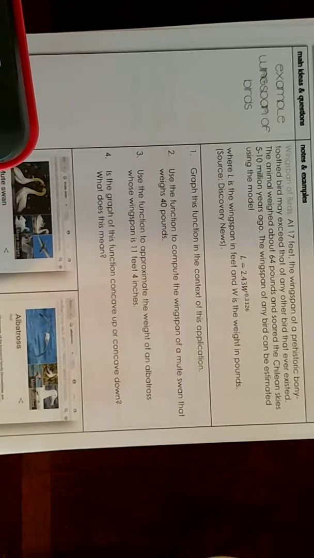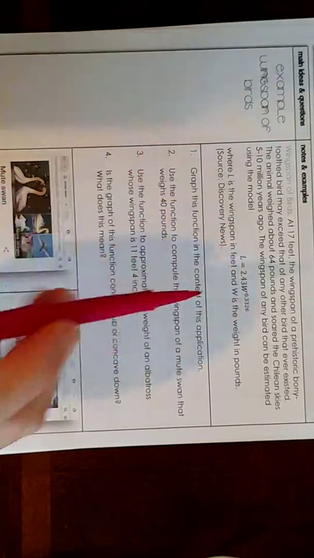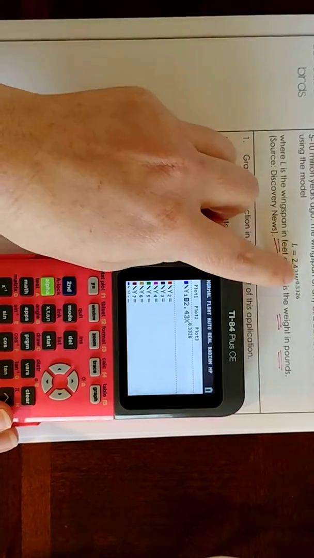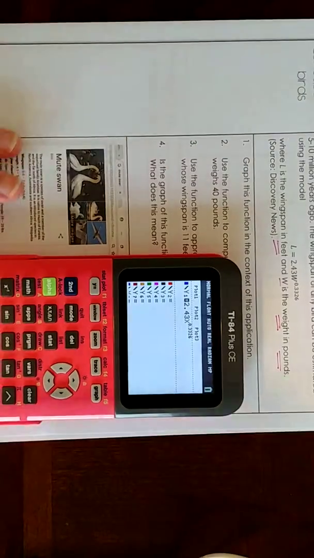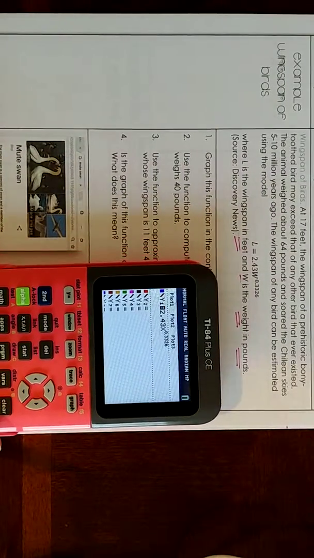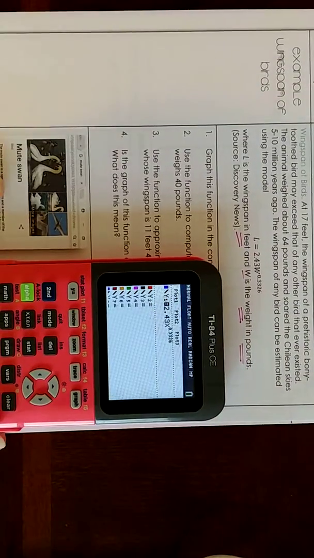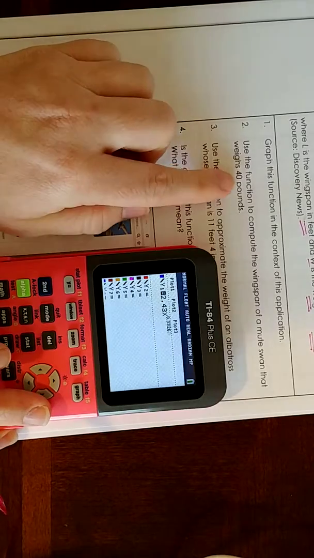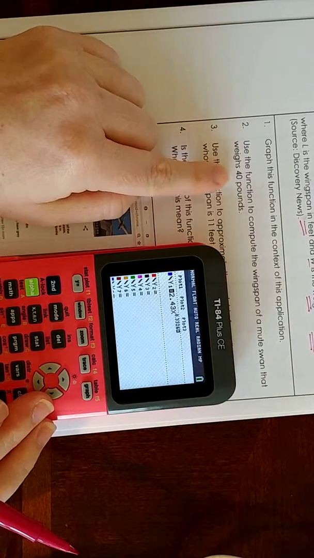The wingspan of any bird can be estimated by using the model L is equal to 2.43 W to the power of 0.3326, where L is the wingspan in feet and W is the weight in pounds.